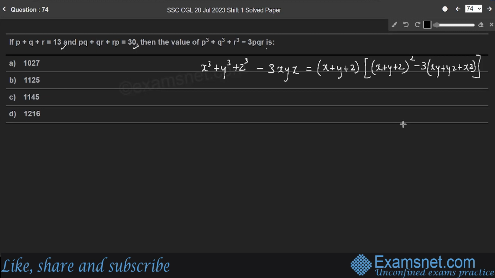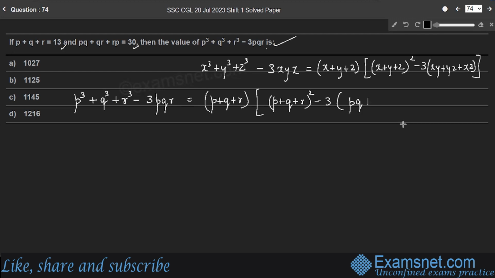Very simple formula. Similarly, the given expression, in place of XYZ, we are considering P, Q and R. P cube plus Q cube plus R cube minus 3 times PQR is equal to P plus Q plus R into P plus Q plus R the whole square minus 3 times PQ plus QR plus RP, right?